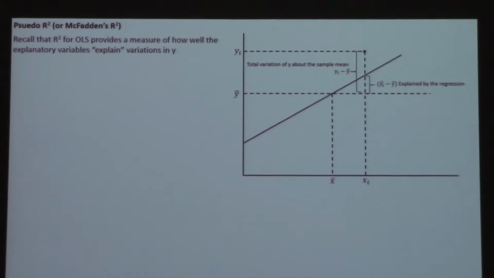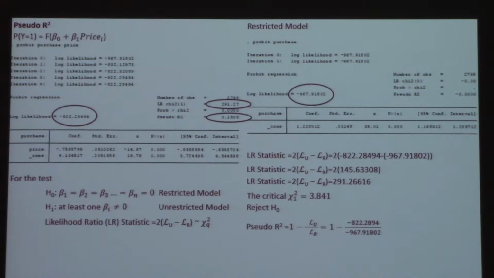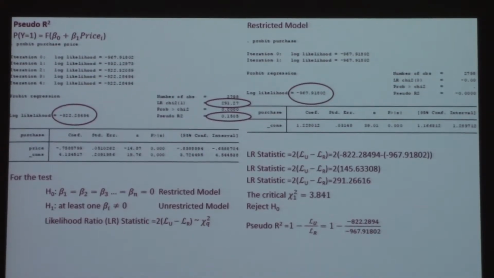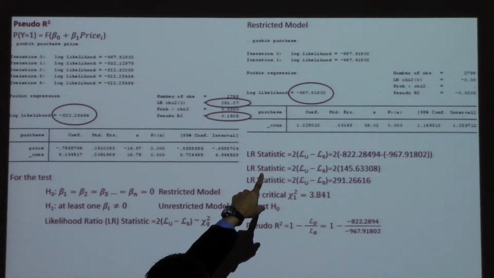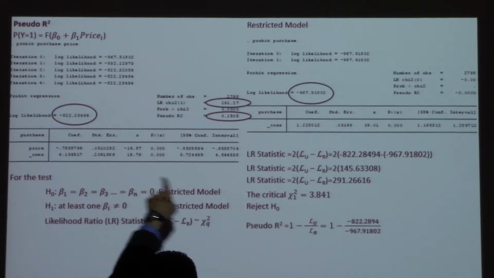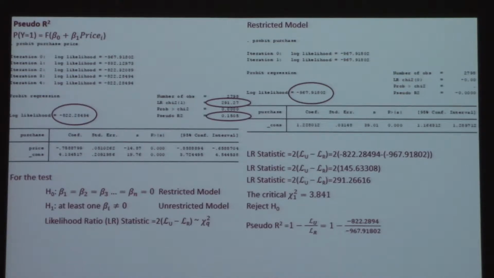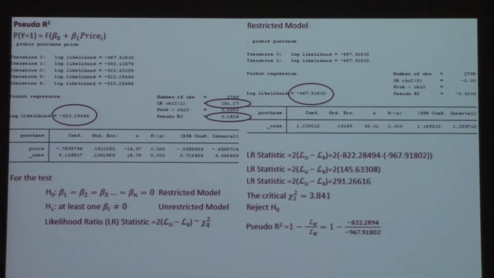All right. McFadden's R squared is kind of weird. But essentially McFadden's pseudo R squared is the ratio of the log likelihood of the unrestricted model divided by that of the restricted model, subtracted from 1. You'd see the Nobel Prize for that.